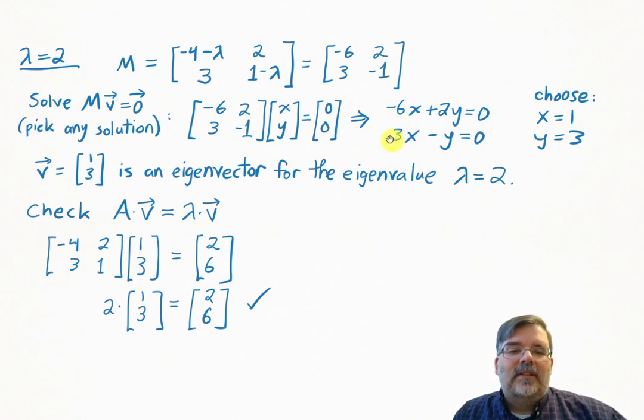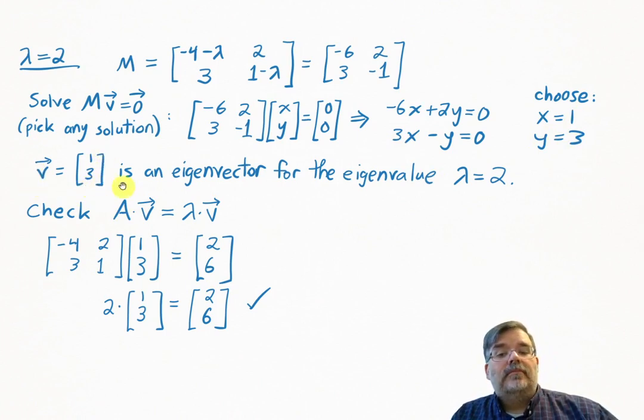In this case, the second equation is negative 2 times the first equation. So we could choose x equals 1 and y equals 3. That gives us a solution to these two equations, and there's our eigenvector. V is the vector 1, 3. And that's an eigenvector for the eigenvalue lambda equals 2.